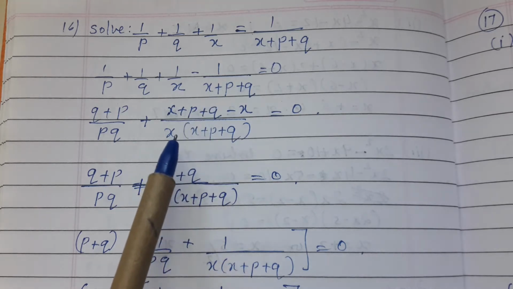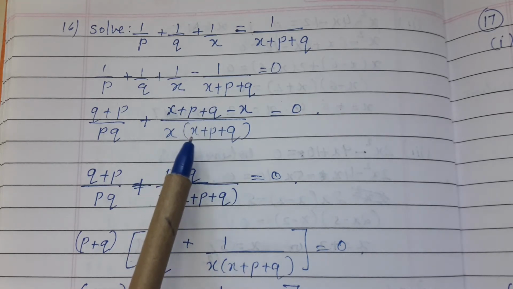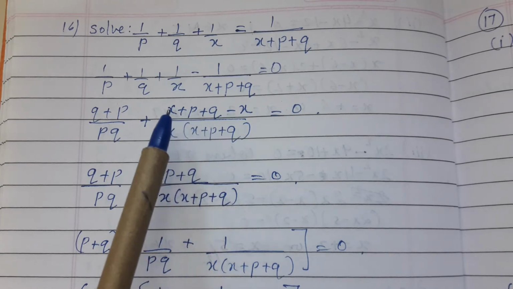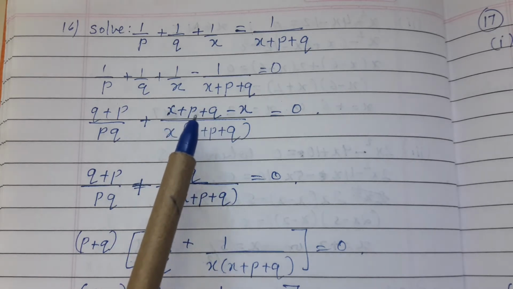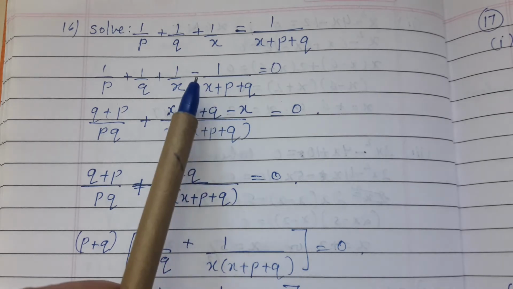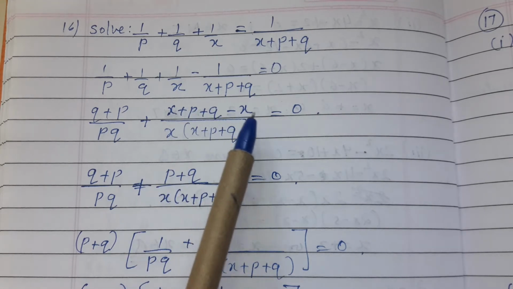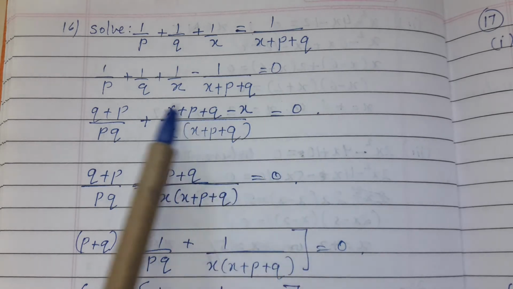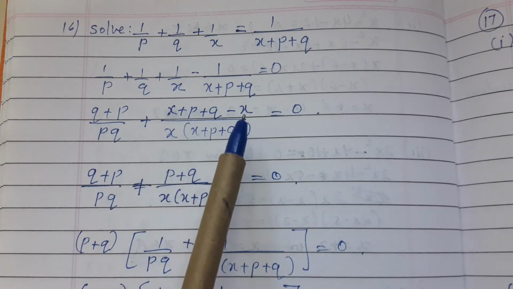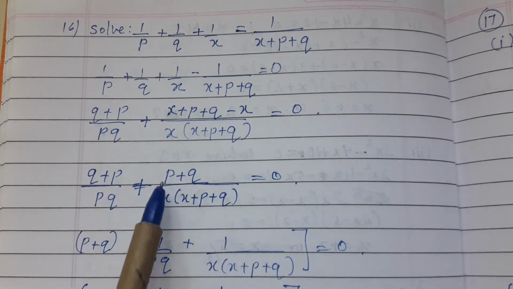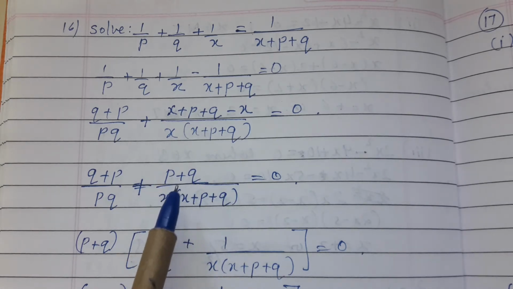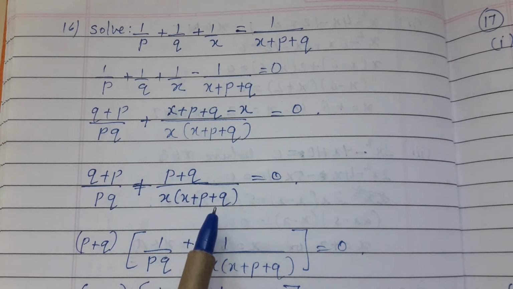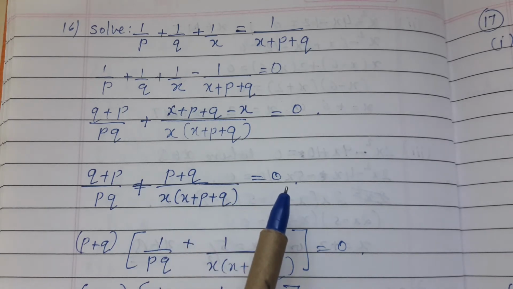So in the denominator I will get x into x plus p plus q. In the numerator, x plus p plus q minus x equals 0. Plus x minus x is 0. So what we got? p plus q upon x into x plus p plus q equals 0.